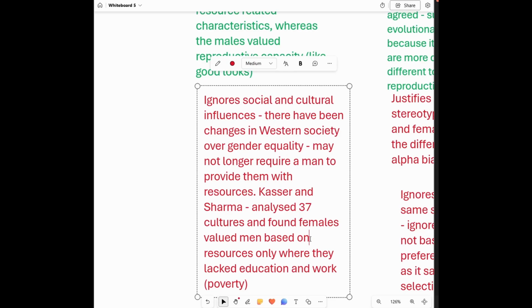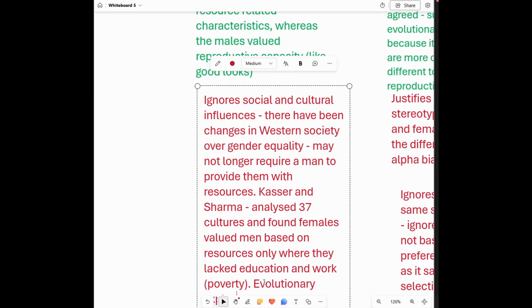But in a richer society, maybe a more Western society, well, that's not true for every single one, but it's basically saying that in a society where there's more education and more work, females can provide for themselves. And this goes against this whole approach.